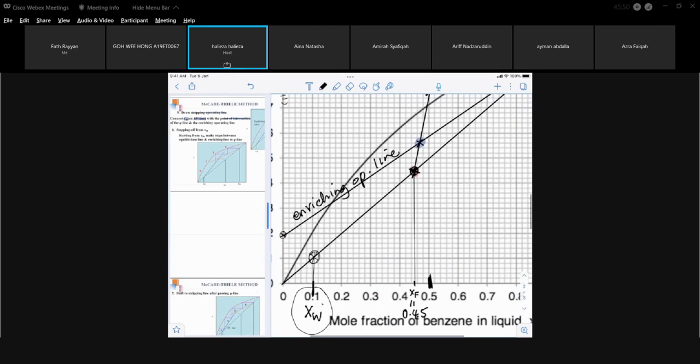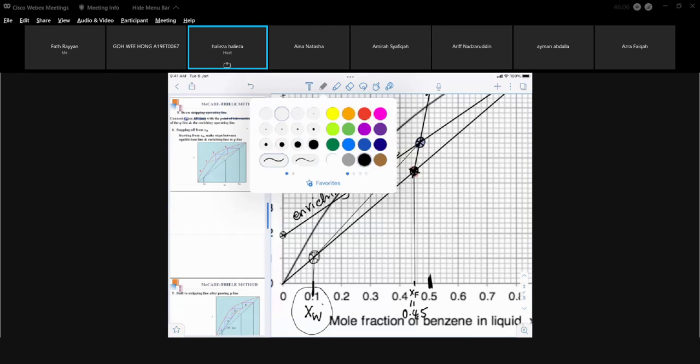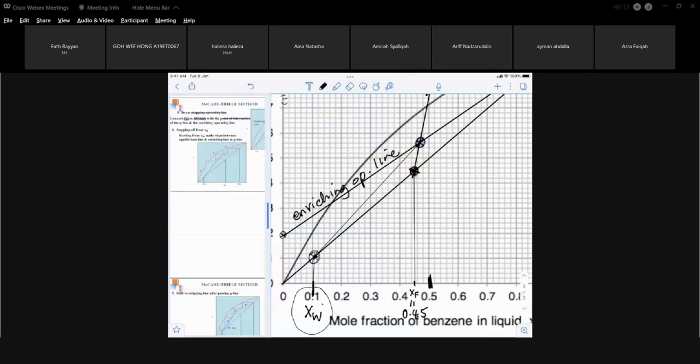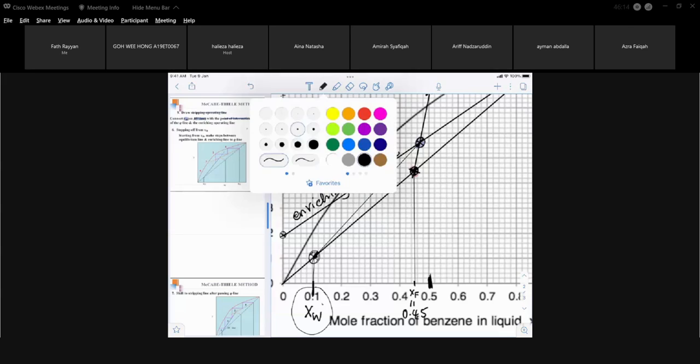The other point is the intersection of the Q line with the enriching operating line. So with these 2 points, you have enough to draw a straight line. So I'm going to draw a straight line. That's my line.